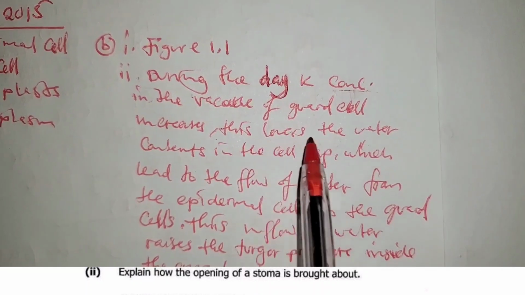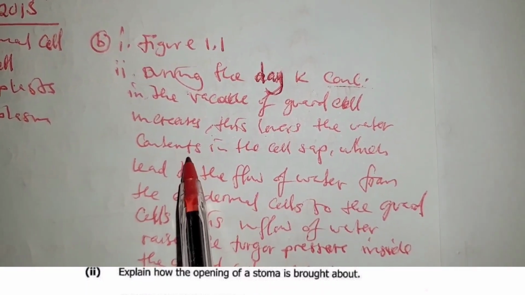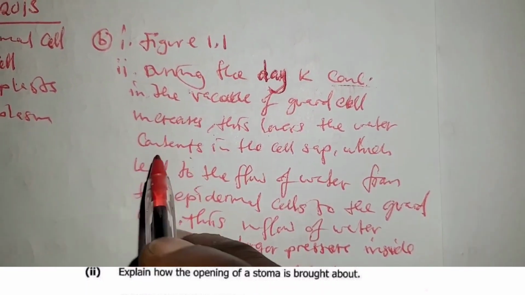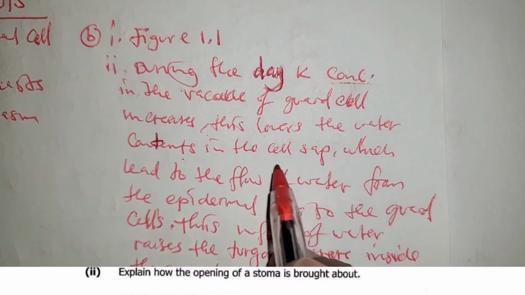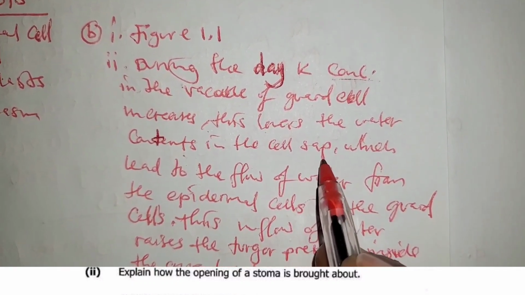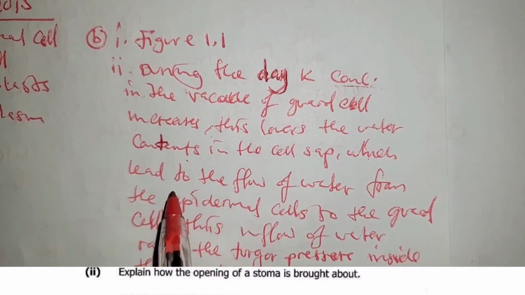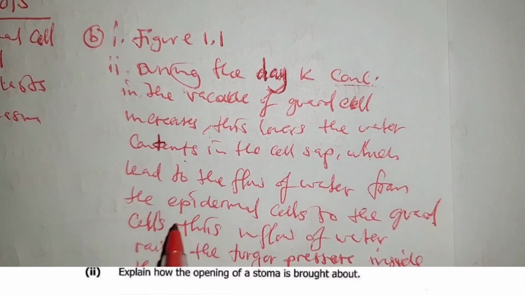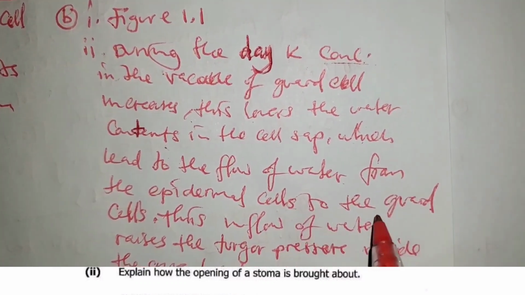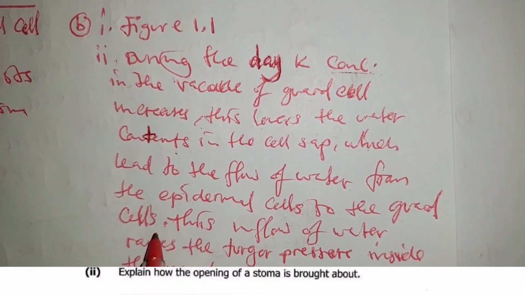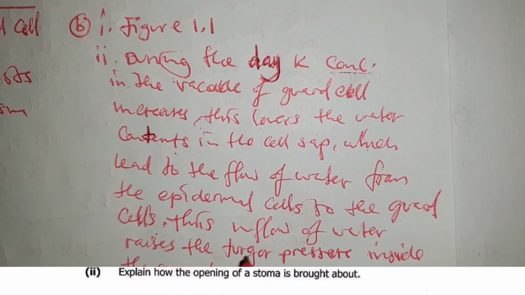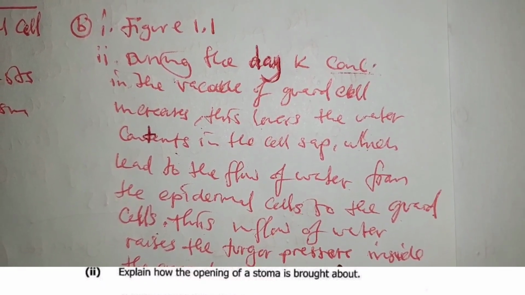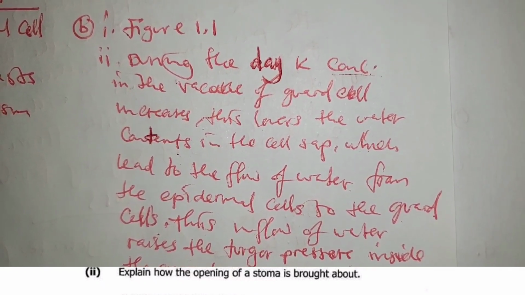Increases. And this lowers the water content in the cell sap, which leads to the flow of water from the epidermal cells to the guard cells. This inflow of water raises the turgor pressure inside the guard cells.